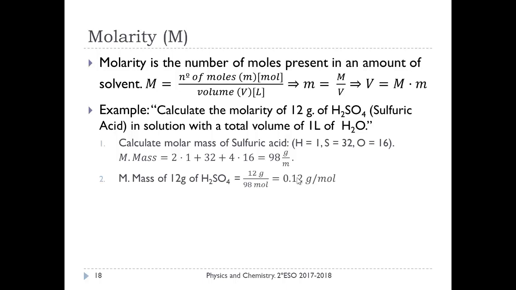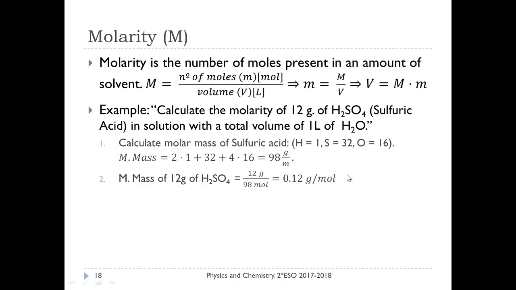So we can use some proportions. This 98 means that 1 mole of sulfuric acid weighs 98 grams. So we can use proportions to know how many moles 12 grams of this weighs.